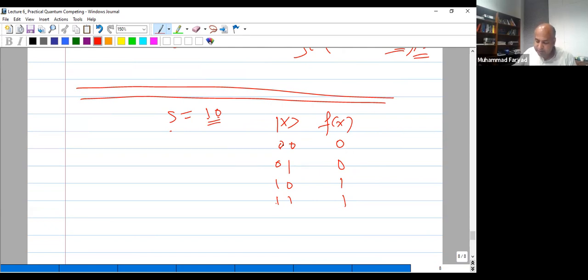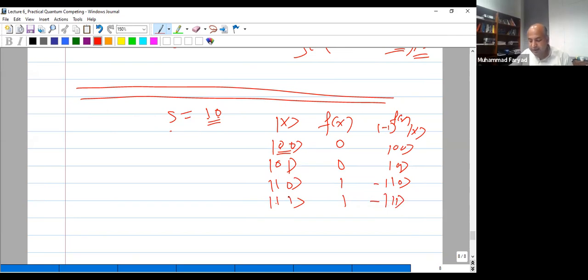So it means that x now goes to minus 1 power f of x times x: 0, 0 stays, 0, 1 stays, and 1, 0 goes to 1, 0 with negative sign, and 1, 1 goes to 1, 1 with negative sign.